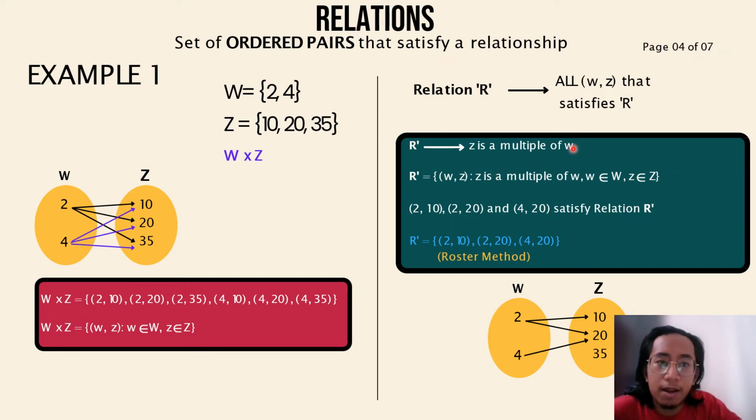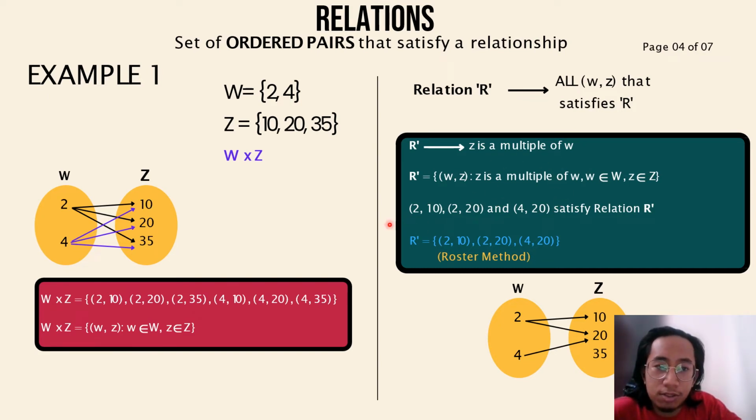So we can say that relation R dash gives us a set of all ordered pairs (w, z), where z is a multiple of w. Every ordered pair in the set R dash satisfies the relation R dash. This is the set builder method to represent R dash. Please note that z has to be a multiple of w here.